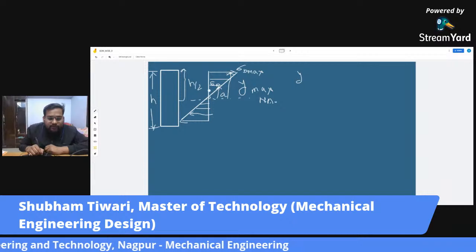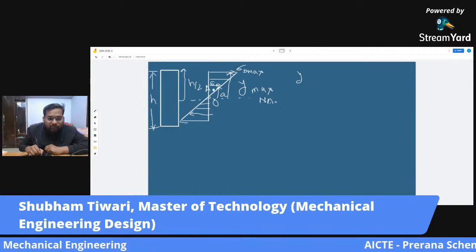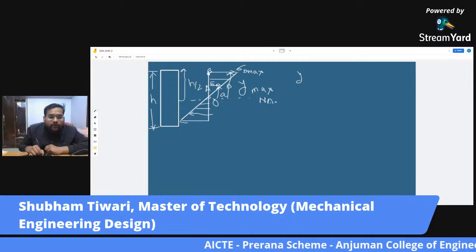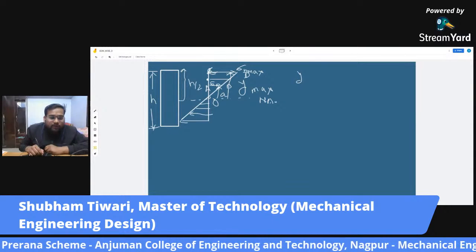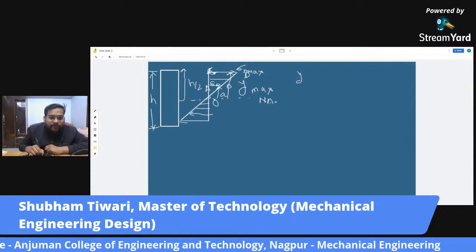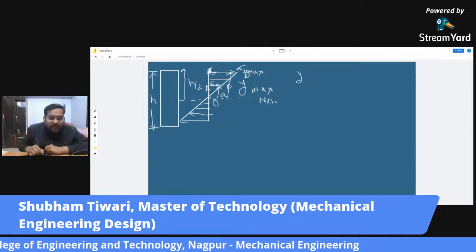You will just take these two triangles into consideration: OAB, sorry, OCD. From the similarity of triangles, you have this angle of 90 degrees.